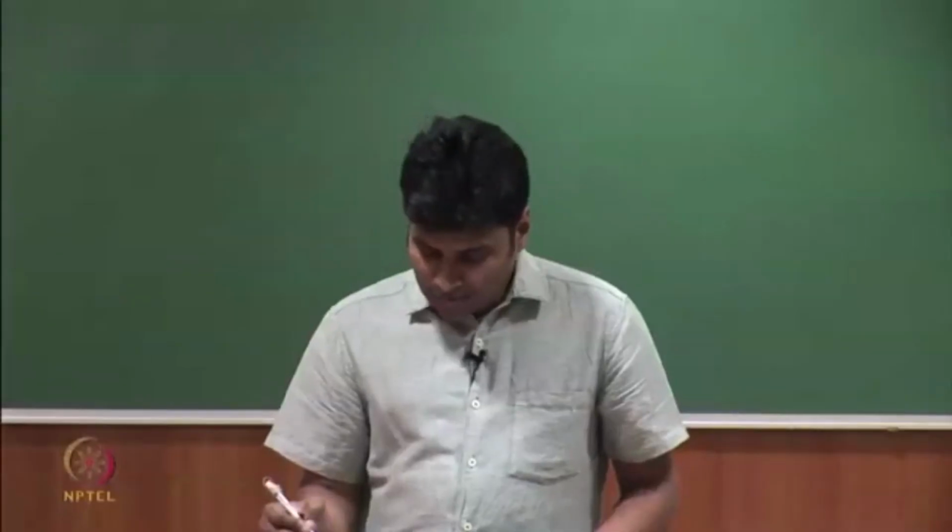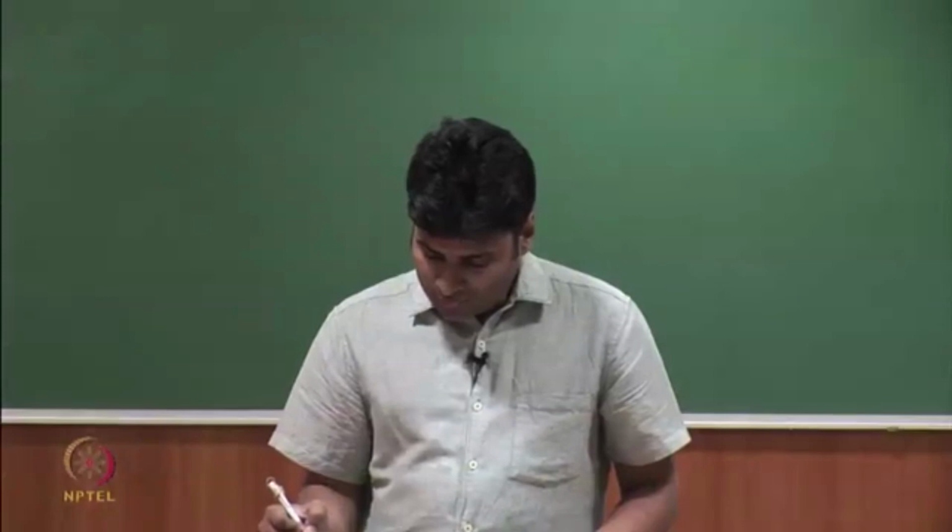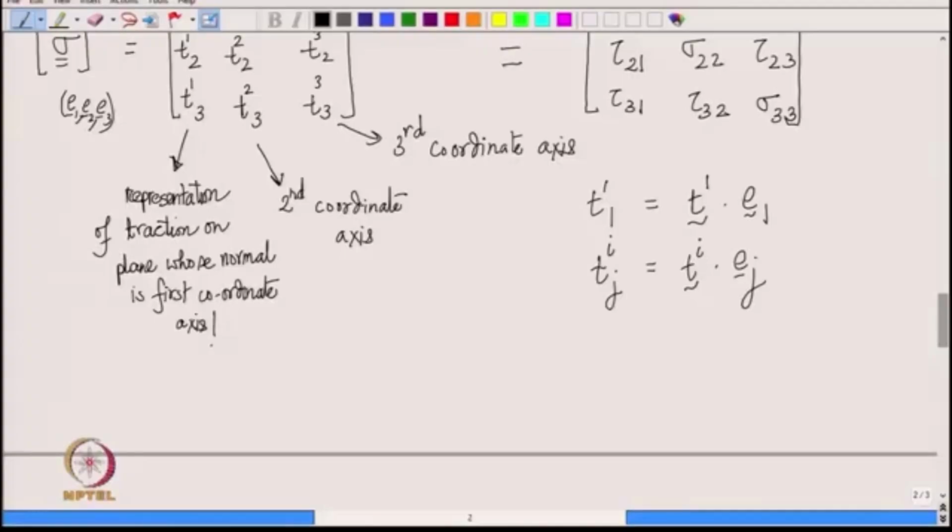All right. Now, if you see carefully, then tau I j, what do I and j mean? So, j, the second index, denotes the plane normal.